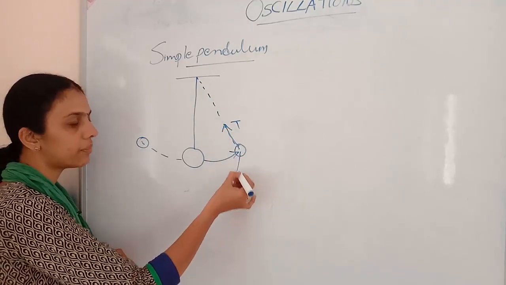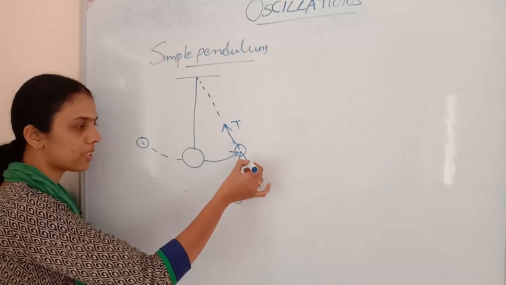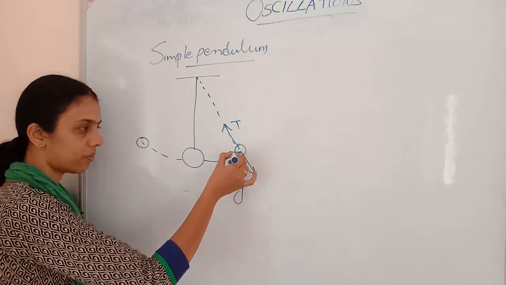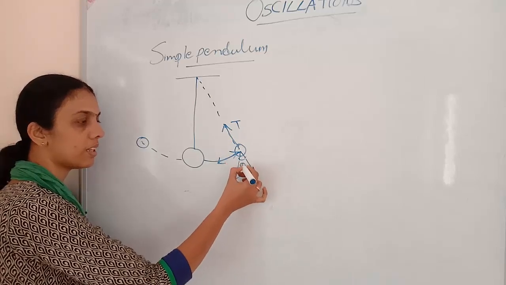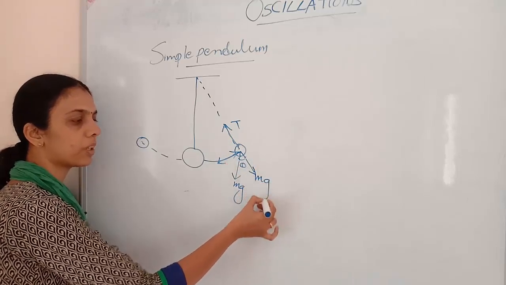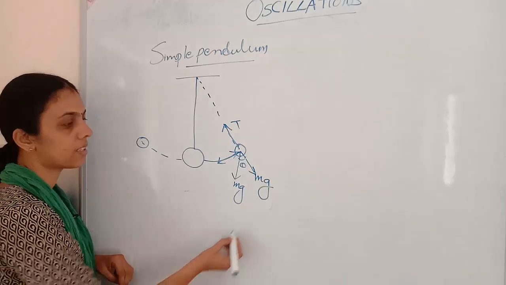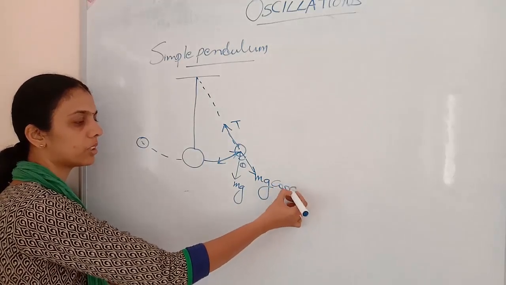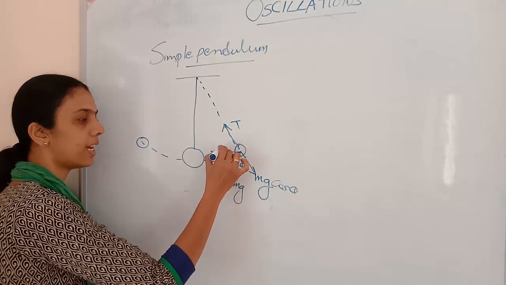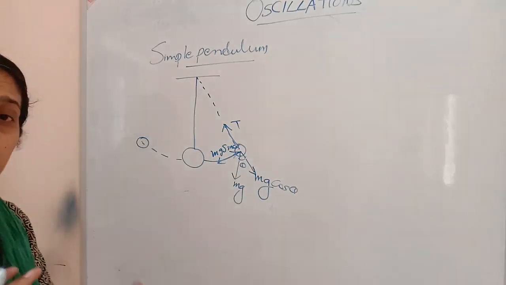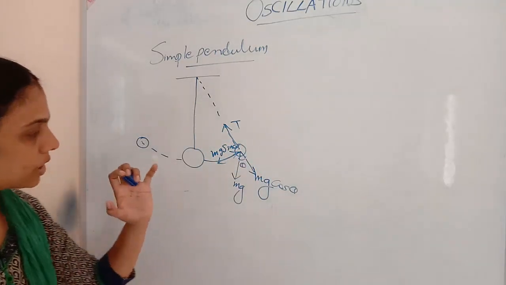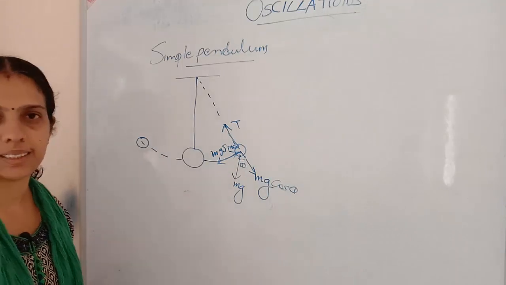We can divide this mg into components, one along the string and one perpendicular to it. If this is theta, this will be mg cos theta and this will be mg sin theta. So we are getting two force components, isn't it?